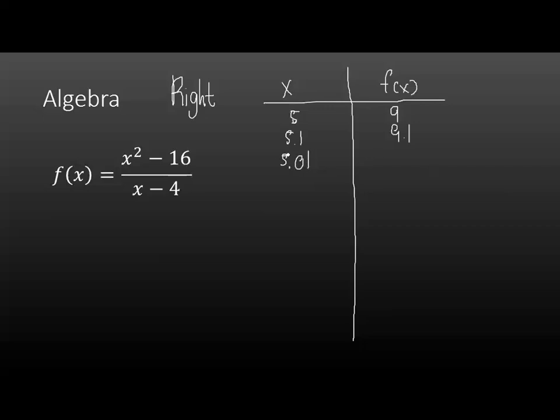So 5.01. In my calculator, it is 9.01. All right. Wait, you sure it's 9? Wait, let me just check. Okay, maybe I could be wrong. Last time we have, wait.